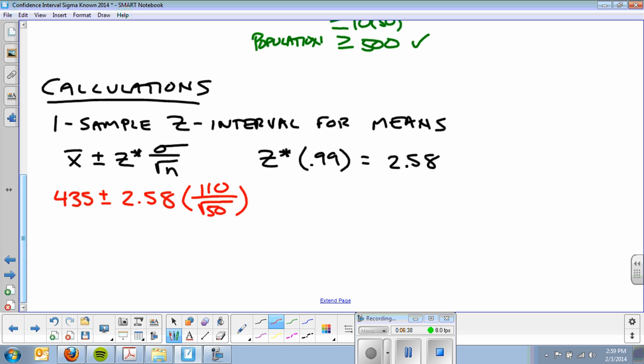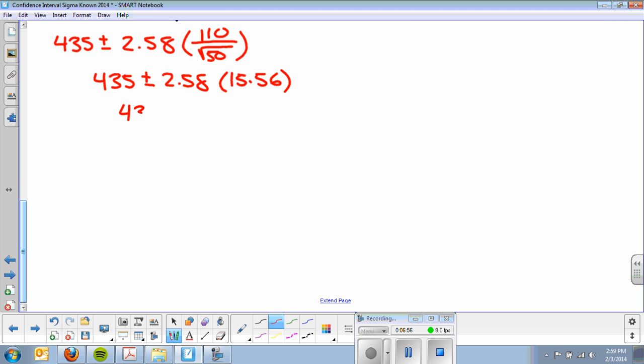Now, I like to do that calculation separately so I don't mess up in my calculator. And I'll have 435 plus or minus 2.58 times the standard deviation, which is 15.56. 435 plus or minus, multiply those two numbers together, I get 40.14.